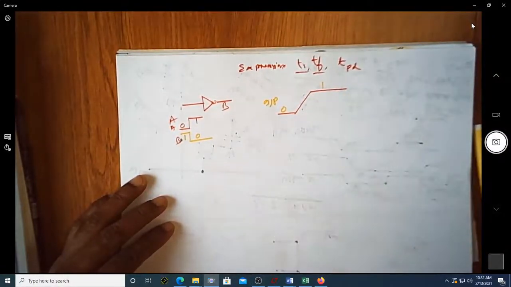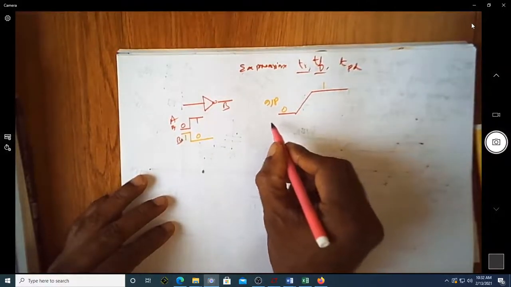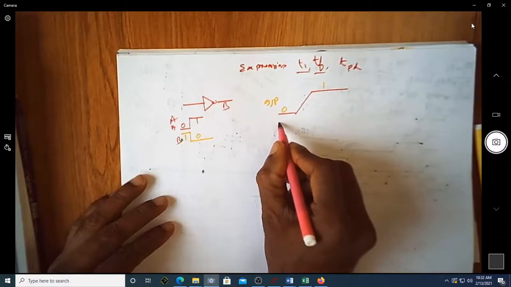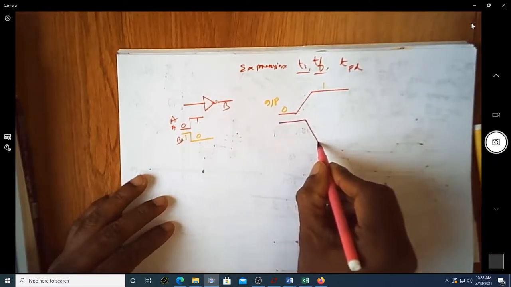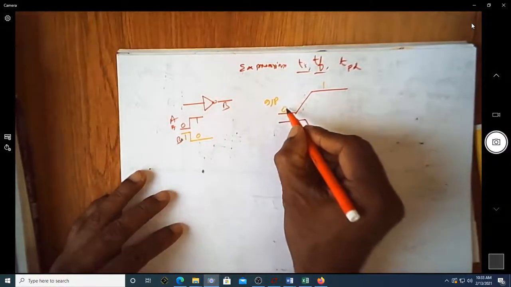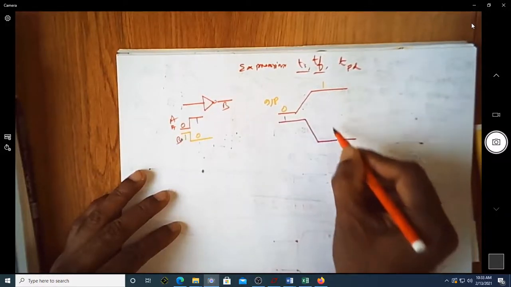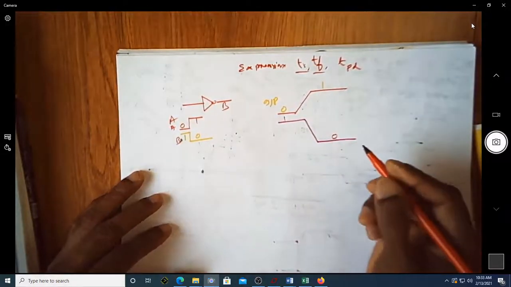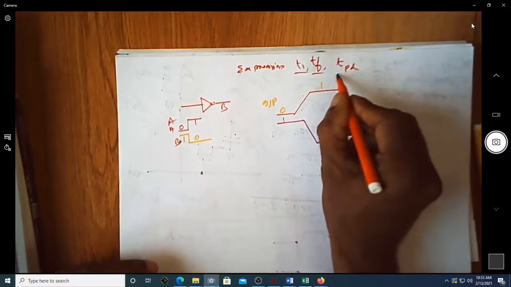For this input, let us assume the output of the inverter comes out to be something like this. So let us try to define the propagation delay.